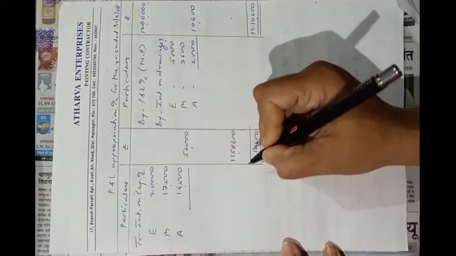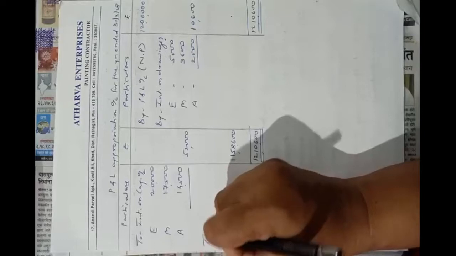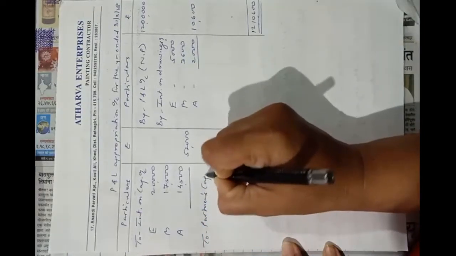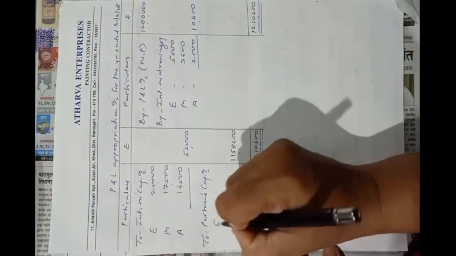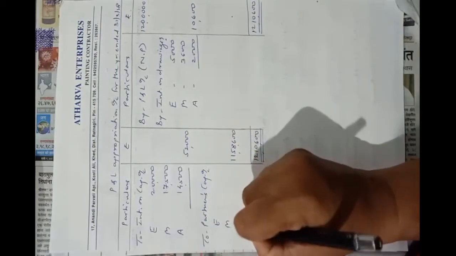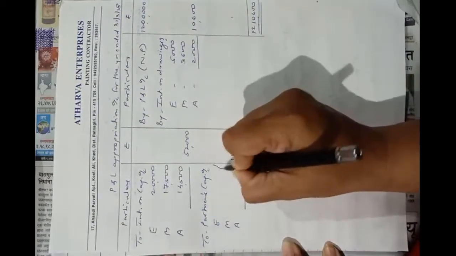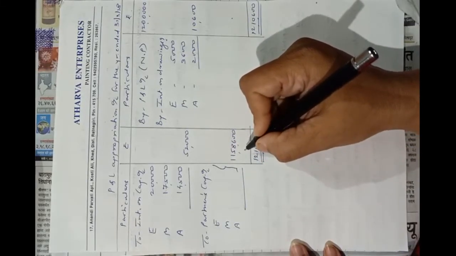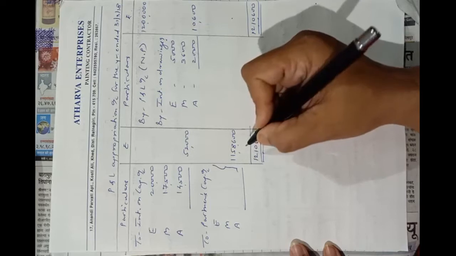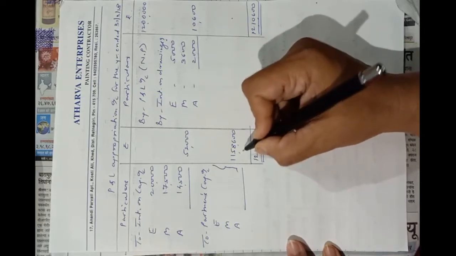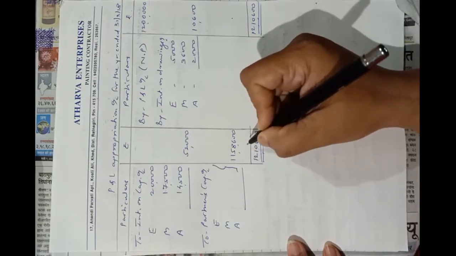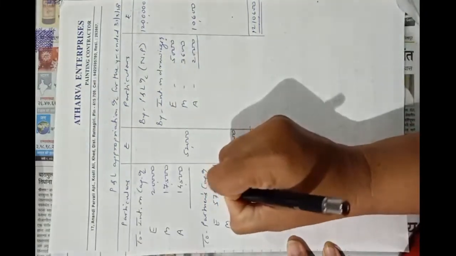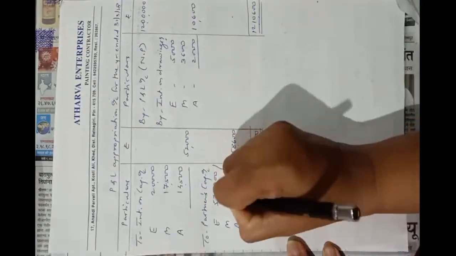Now this profit will be distributed between the partners. So partners' capital accounts, E, M and A, were to distribute this profit in the ratio of 3:2:1. So 11 lakhs 58,600 into 3/6, it is 5 lakhs 79,300.